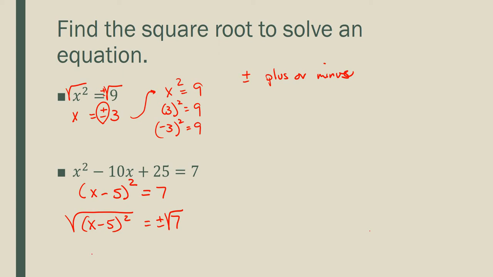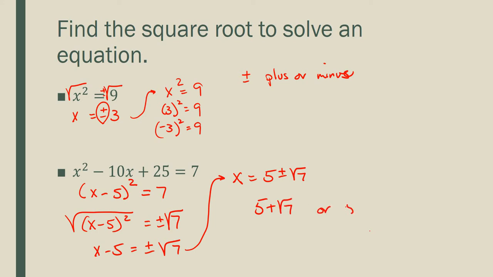So the square root of x minus 5 squared is x minus 5. It equals plus or minus the square root of 7. I don't know what that is. It's some sort of a decimal. But in order to solve for x, I'm going to add 5 to both sides. So my final answers are either 5 plus the square root of 7 or 5 minus the square root of 7. And we'll look at this with our calculators a little bit once we get into class together.